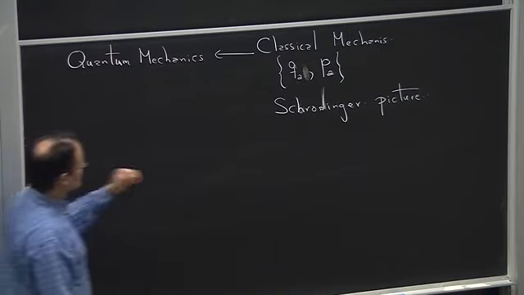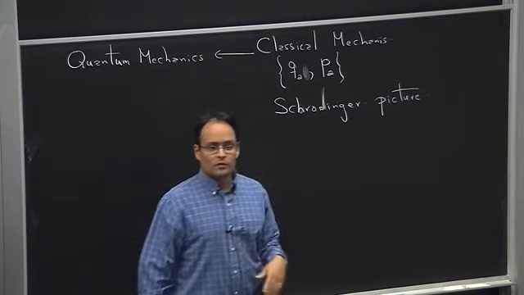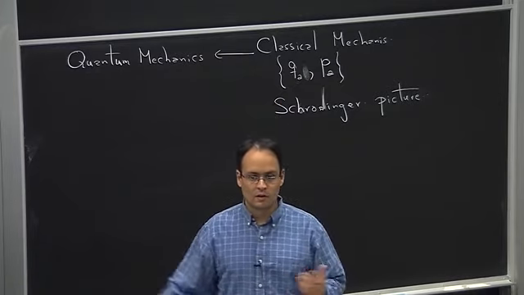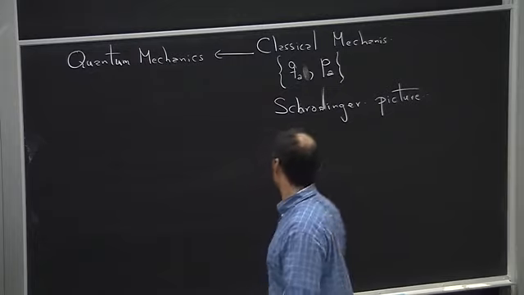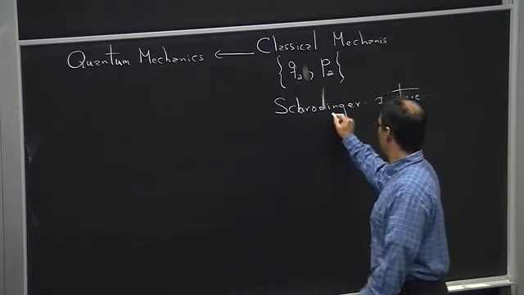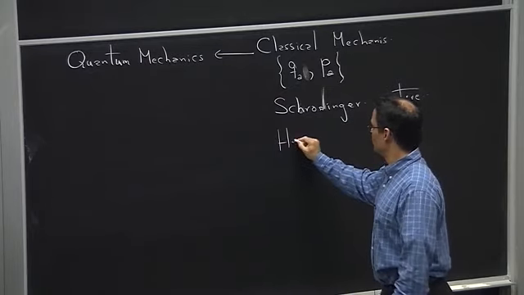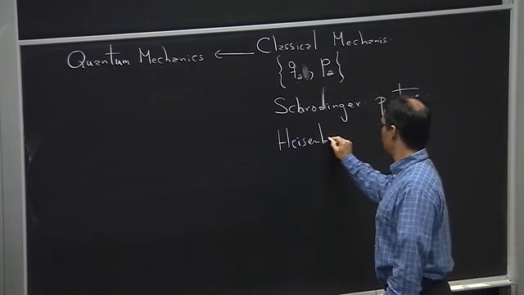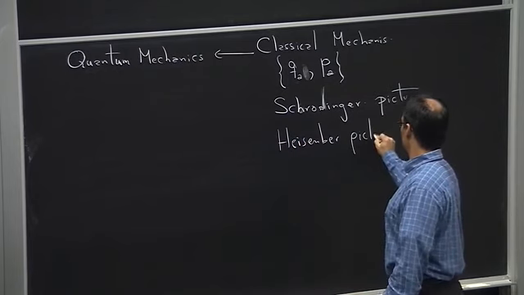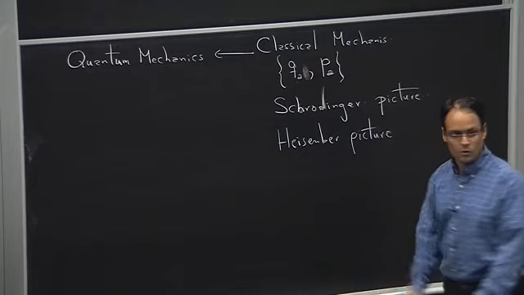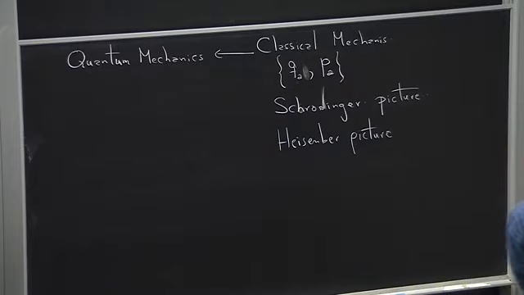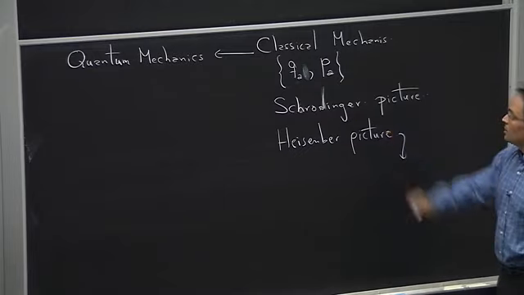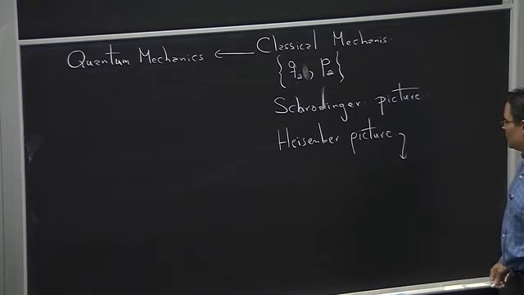Okay? But it turns out that in quantum field theory, it's more useful, or at least in the canonical version that we're going to do, to think about the Heisenberg picture. So what's the difference in the Heisenberg picture? Here, states don't depend on time, but operators depend on time.